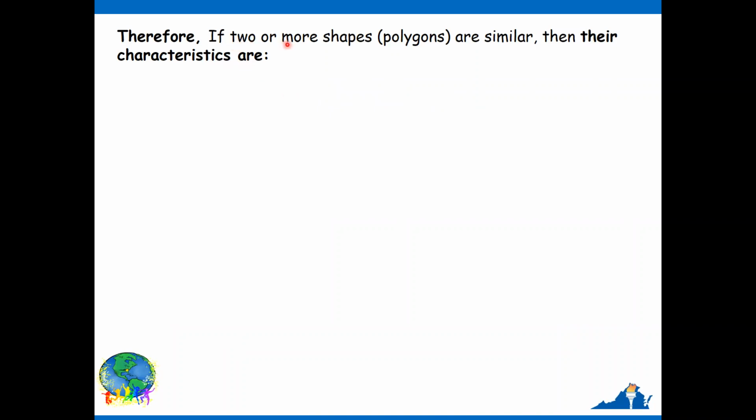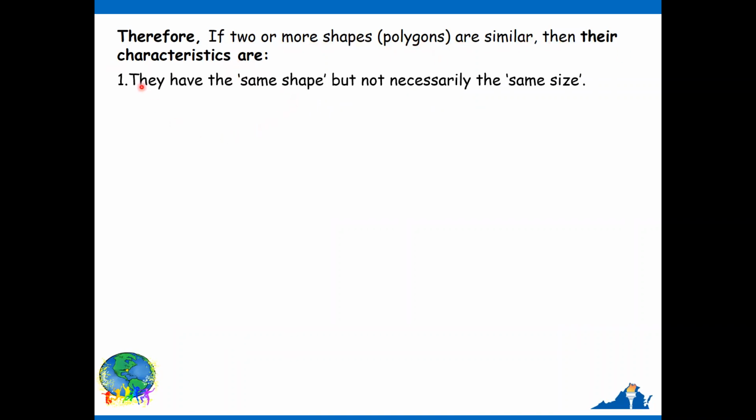That is, if two or more shapes are similar, then they have the same shape, but not necessarily the same size. This is so because in congruent transformation, obviously, the size will be the same, but in non-congruent transformation, the size will be different.